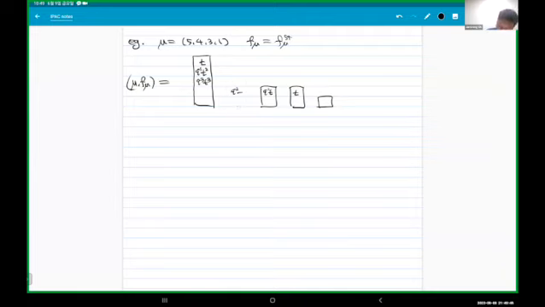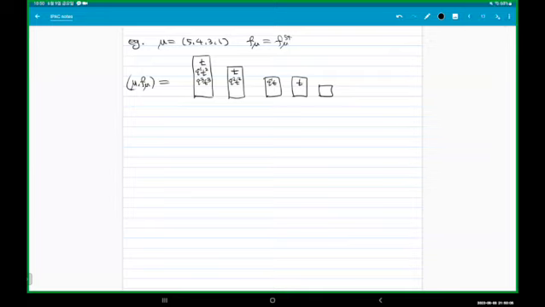Oh, sorry, I think you missed one square.